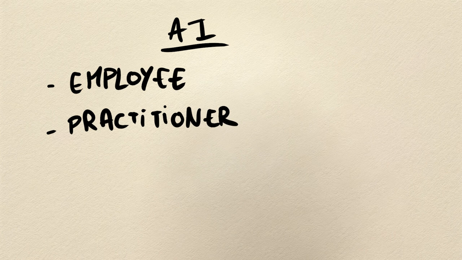And it's not that one is better than the other, it's just a different approach based on what you want to do. In my case, I chose the practitioner approach because I didn't need to be an employee. I worked for clients as an AI practitioner, not necessarily as an employee. So I didn't really care about the employee approach.